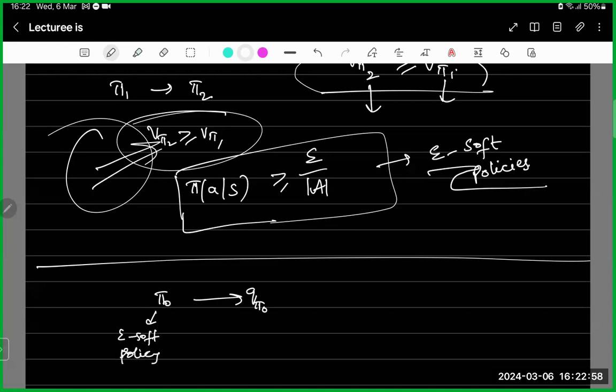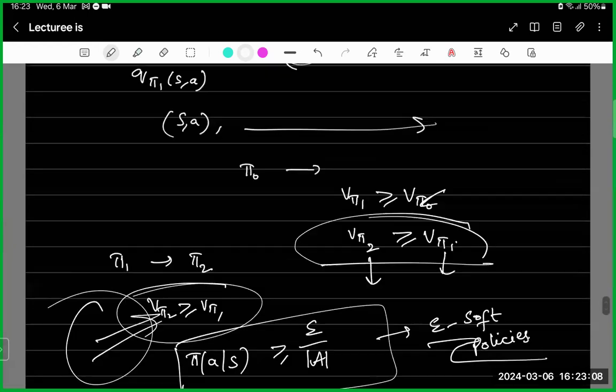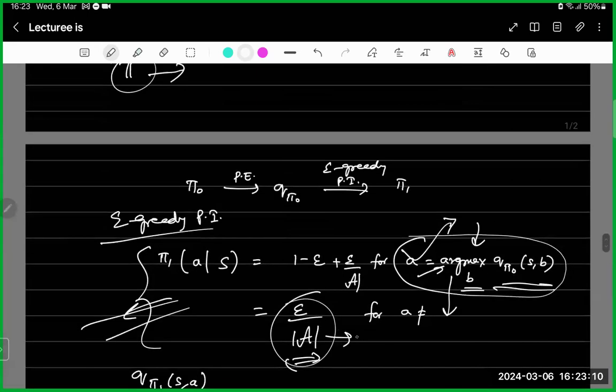Did you understand the difference between epsilon soft and epsilon greedy? Now what is epsilon greedy? You have some policy given to us. You are taking some arbitrary action with probability epsilon by k, and with the remaining probability you are taking this particular action. Epsilon soft policy is just telling that every action should have at least this much probability.